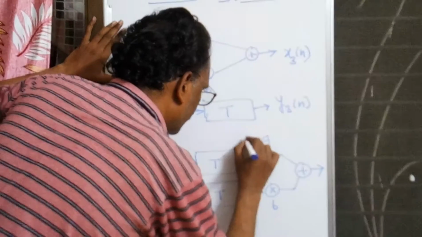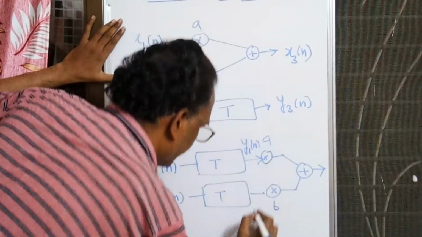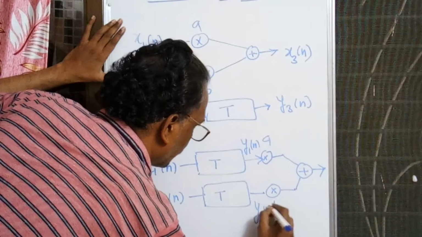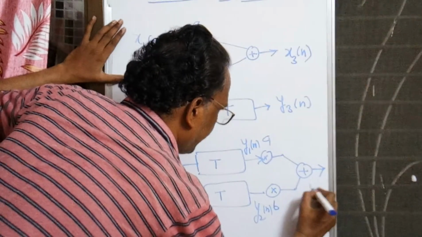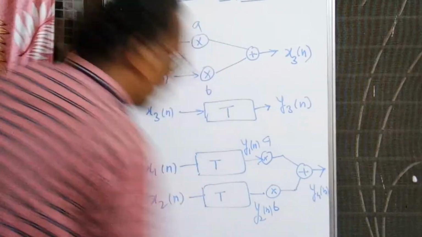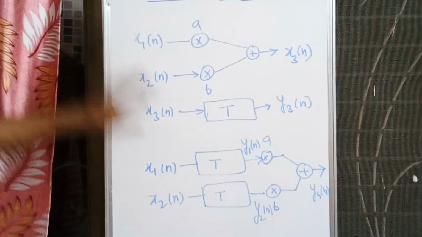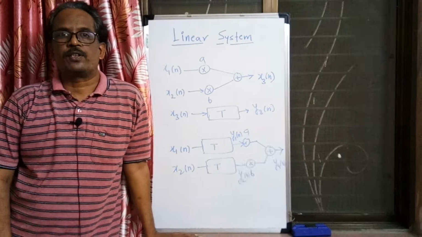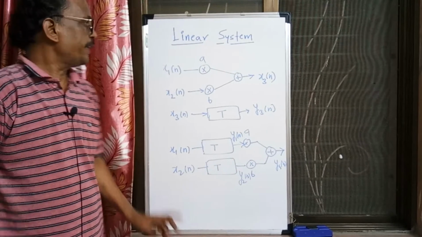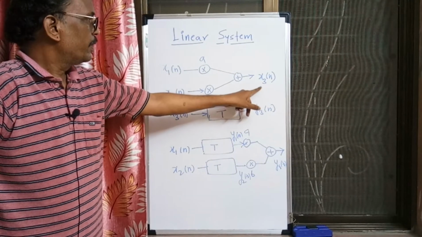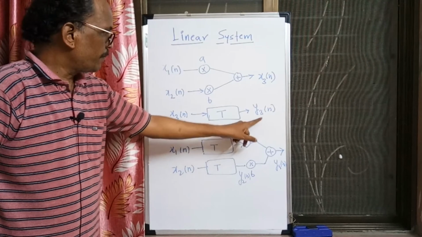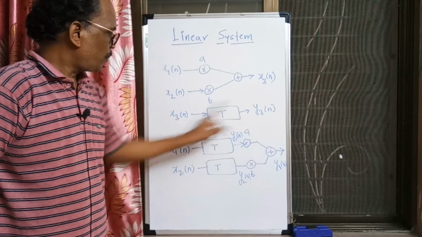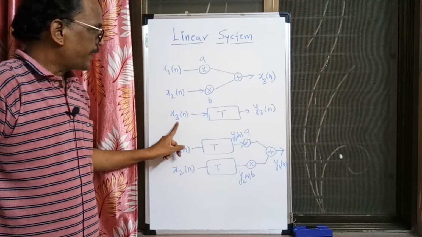This is y1[n] and this is y2[n], and here I am getting, let us say, y4[n]. If y4[n] and y3[n] match, then we can say that the given system is linear. y3[n] is the response of the system to the input x3[n].